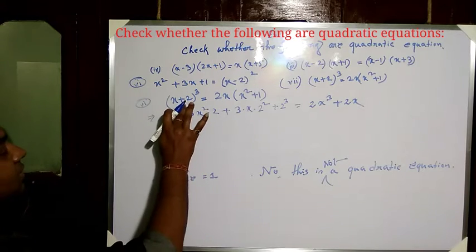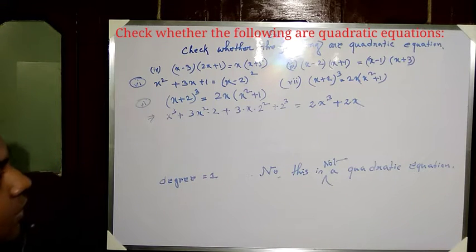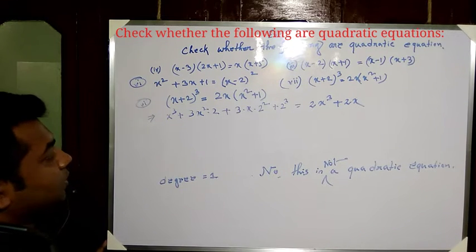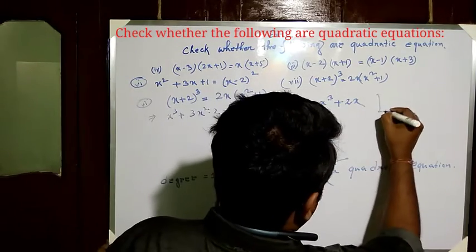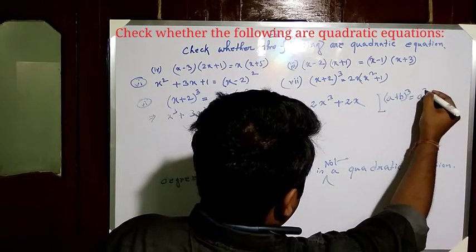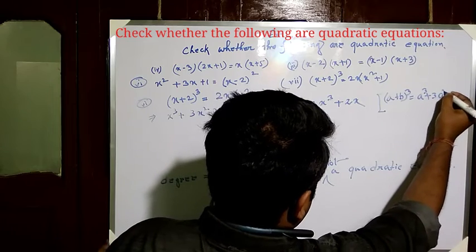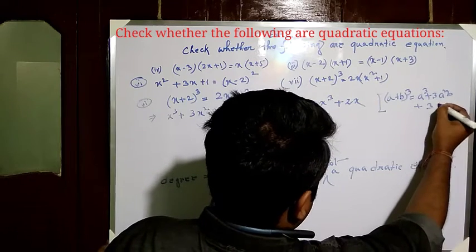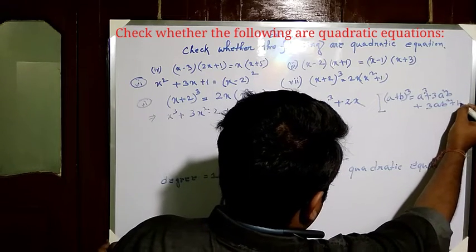I just used here the formula of a plus b whole cube. You know the formula of a plus b whole cube: a cube plus 3a square b plus 3ab square plus b cube.